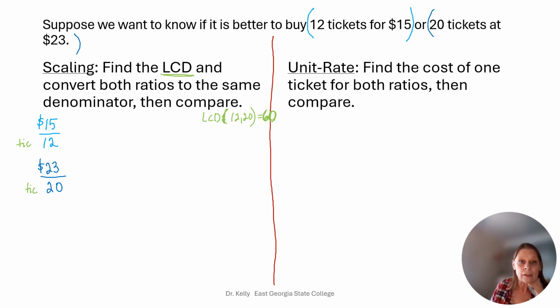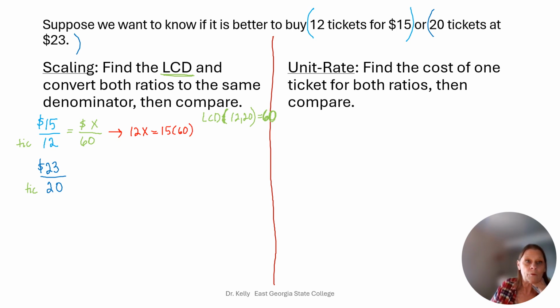Now what we need to do is rewrite each of our ratios in terms of 60. So for our 12 tickets at $15, we're going to say 60 tickets is equal to X dollars, and we're going to cross multiply and solve this equation. We have 12 times X is equal to 15 times 60.